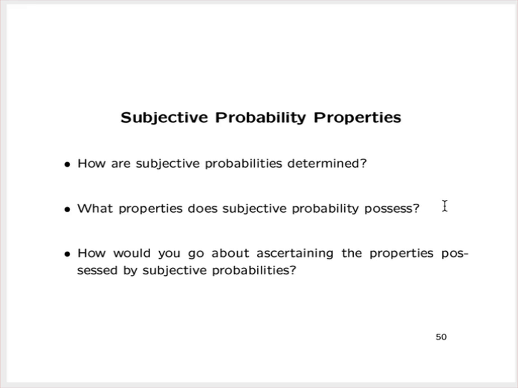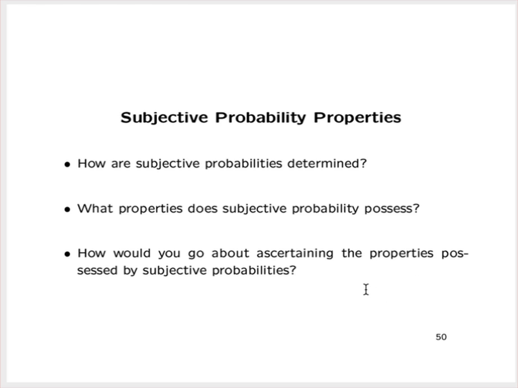In looking at the RFPs for relative frequency probability, I said that those are properties that classical probabilities have as well. So the question is, do subjective probabilities share those same properties? I want you to think about that.